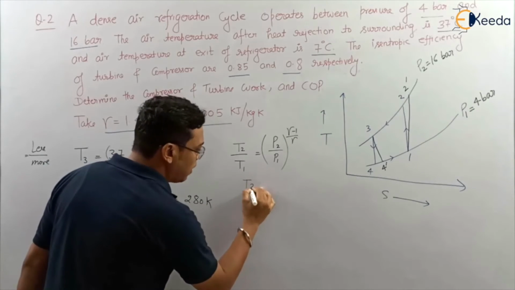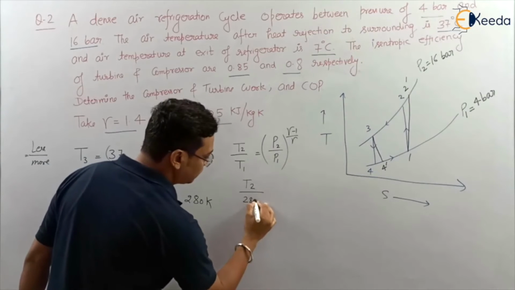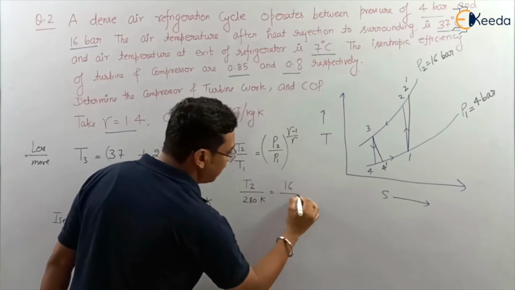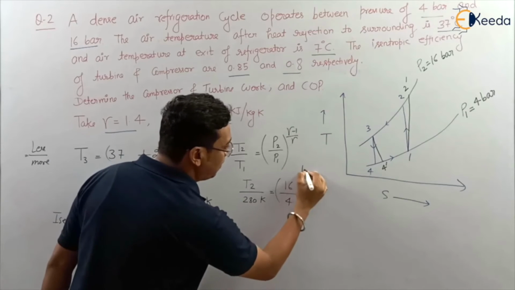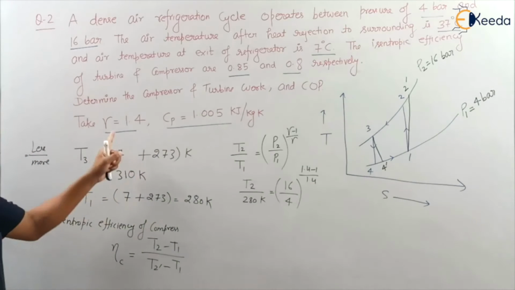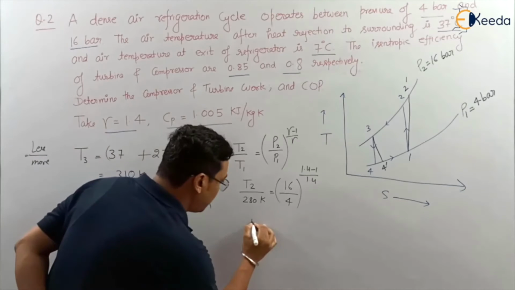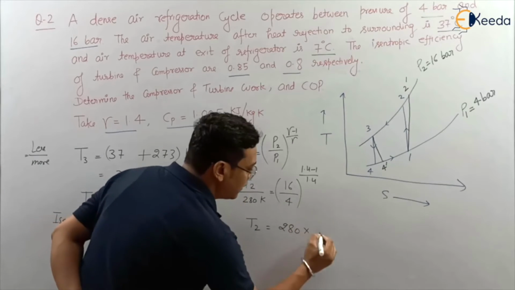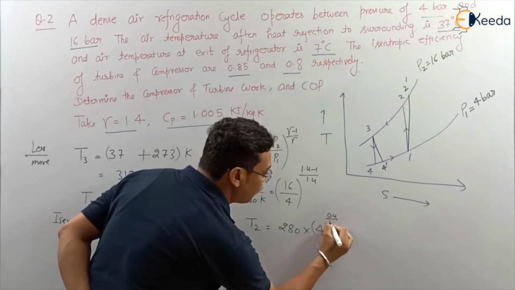So T2 divided by T1, with T1 being 280 Kelvin, P2 is 16, P1 is 4, to the power 1.4 minus 1 divided by 1.4, because gamma is given 1.4. Now T2 is equal to 280 into 4 to the power 0.4 divided by 1.4.